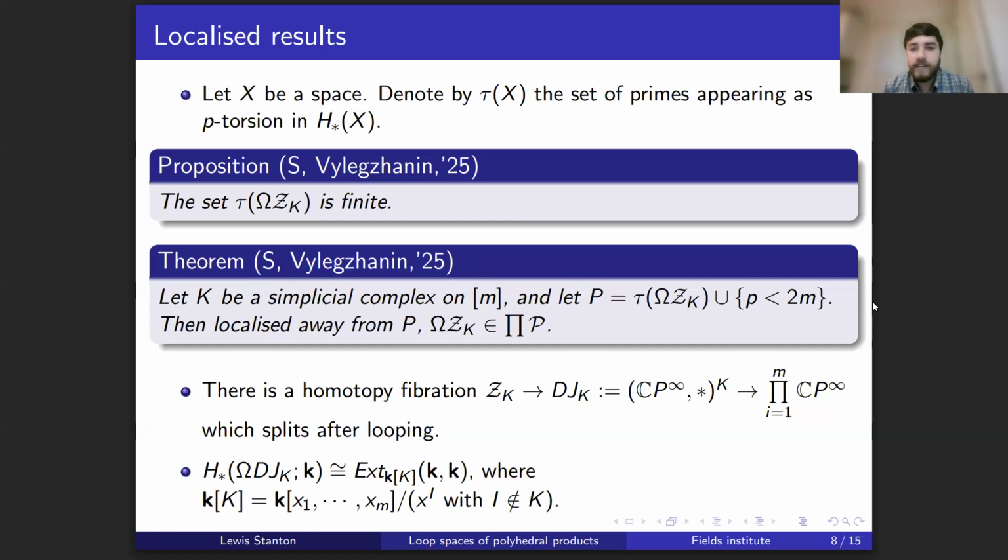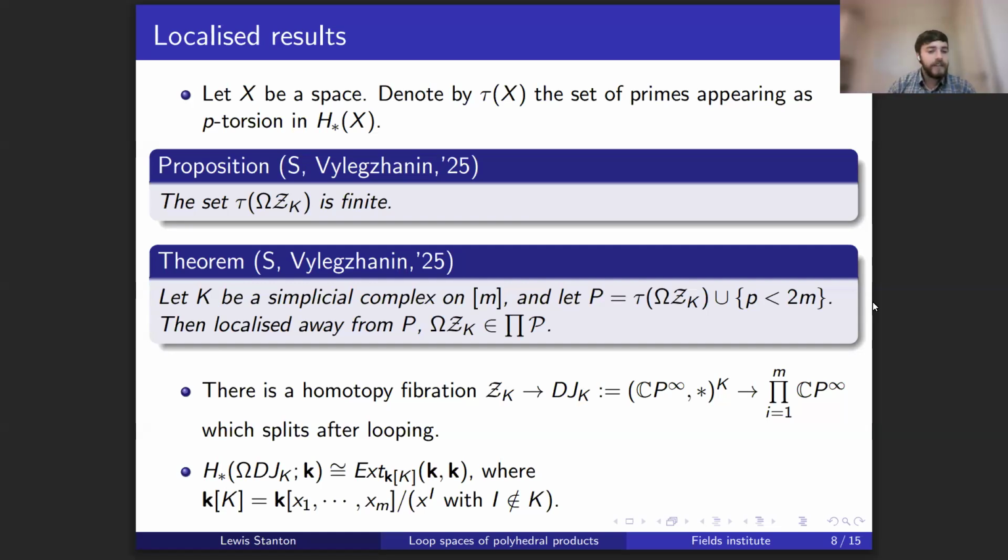I'll say a few more details about this in a bit, but the first thing that Fedor and I did was to show that this set for looped moment angle complexes is actually a finite set. And in fact, we showed it's bounded above by something crazy like 2 to the power of n times 2 to the m or something massive like that. But it's a finite set, so we're happy that it's finite because we like finite things.